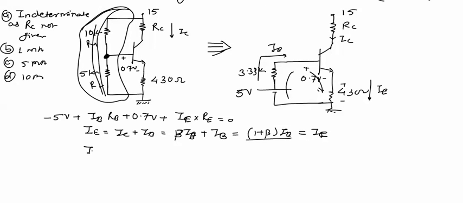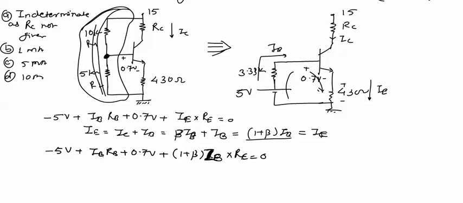Now the above KVL equation will become minus 5 volt plus IB into RB plus 0.7 volt plus 1 plus beta into RE, sorry, IB into RE equal to 0.